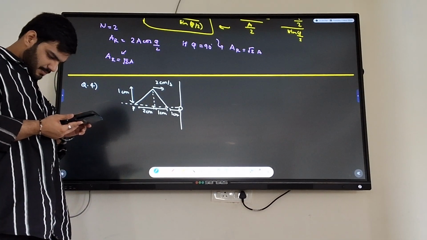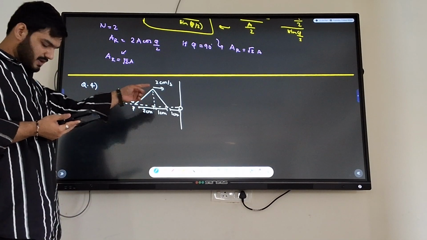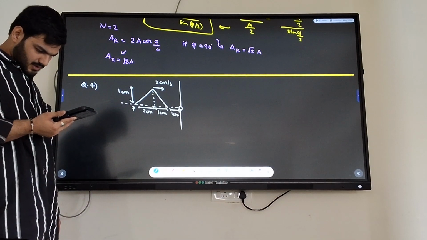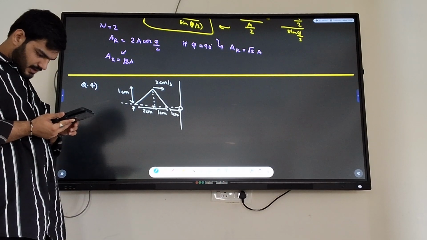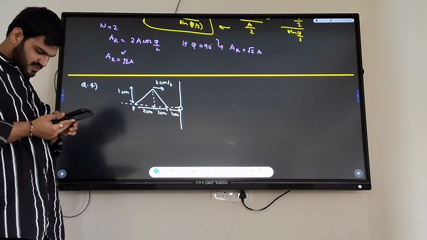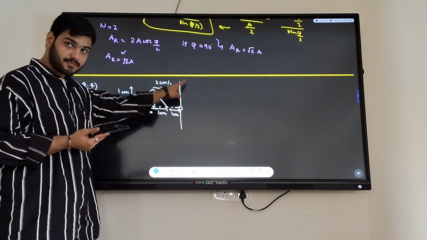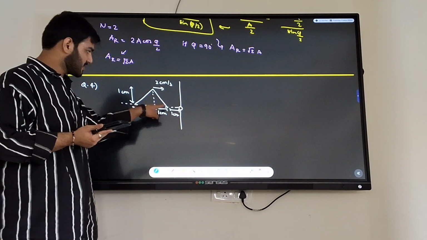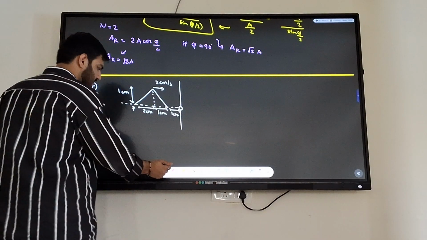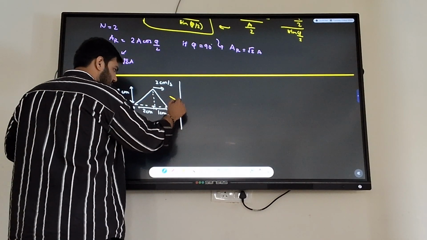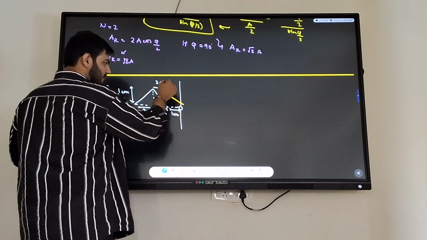You have a triangular pulse moving at some velocity, approaching an end at which it is free to slide on a vertical pole. So this is free to move up and down based on the displacement. If the displacement is here, then this will get displaced up.